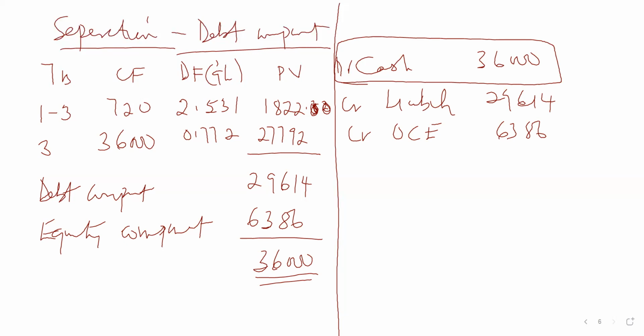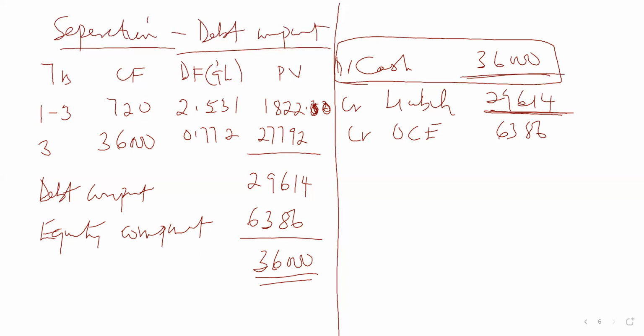They have credited the cash received of 36,000 to non-current liability. So it's only liability that they have credited with 36,000, which is the wrong one. The actual figure that should go there would have been 29,614.